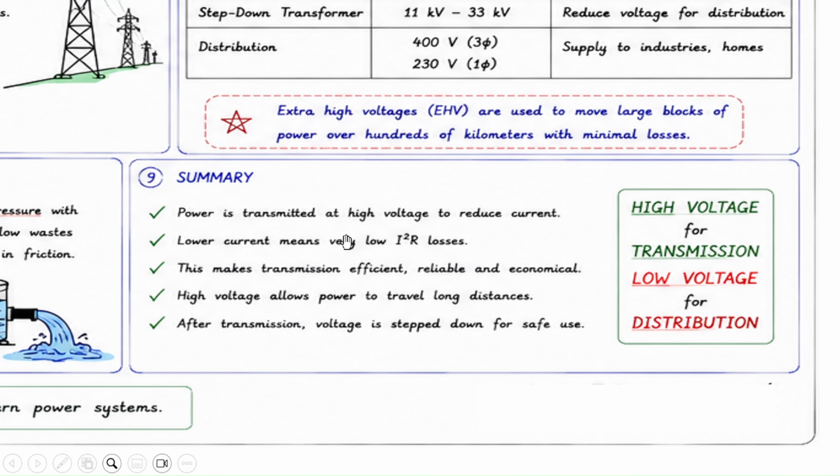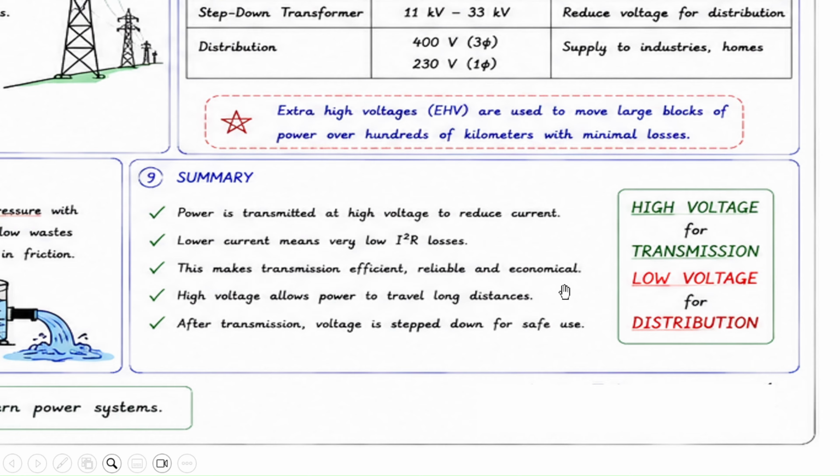To summarize, the thing to keep in mind is that an economical and cost-effective power grid, especially for large geographical locations, requires high voltage transmission, and that is needed to reduce current, which will eventually reduce losses and make the transmission more efficient, reliable, and economical. And as we've discussed, after transmission, it's stepped down for safe use.